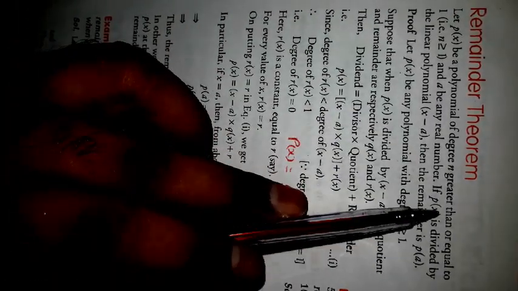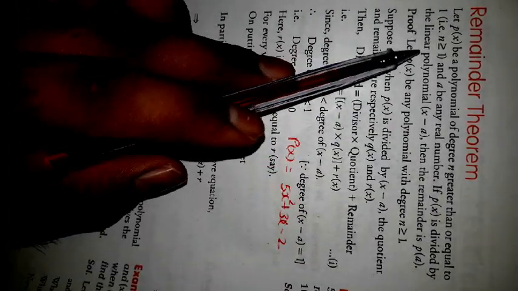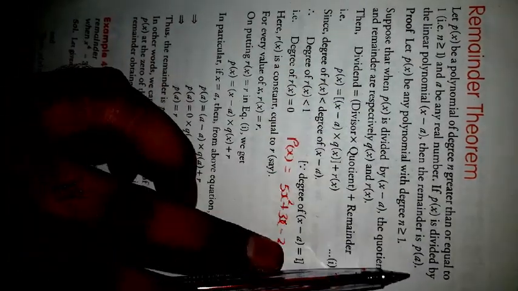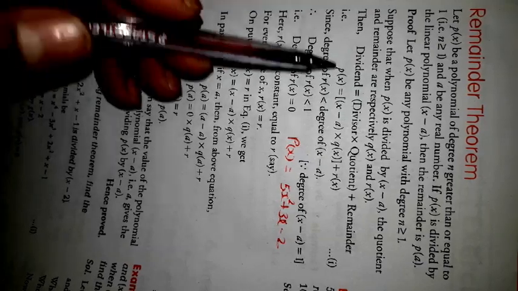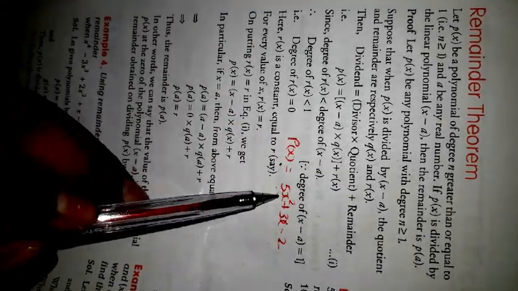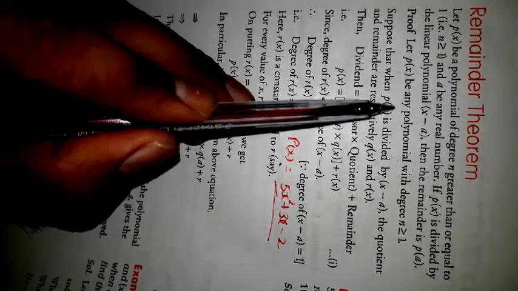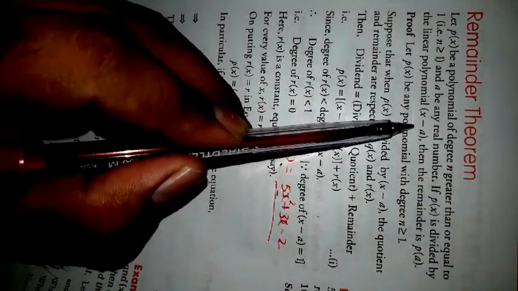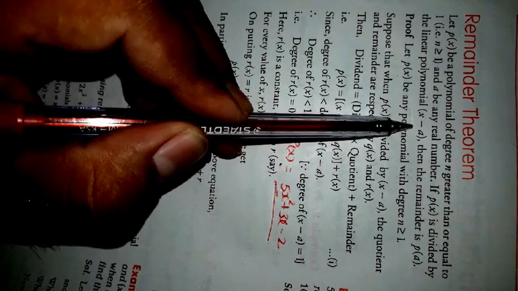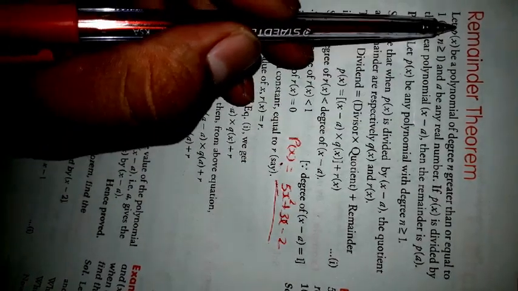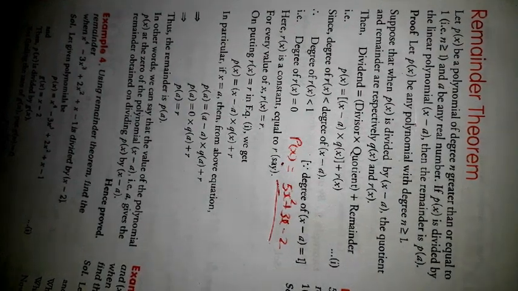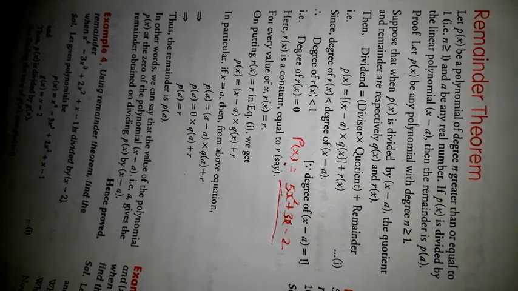If p(x) is divided by the linear polynomial x minus a, then the remainder is p(a). So what we have to do is divide this polynomial by x minus a. So you can use either the long division method or the remainder theorem. To understand in detail, we need to solve a question.